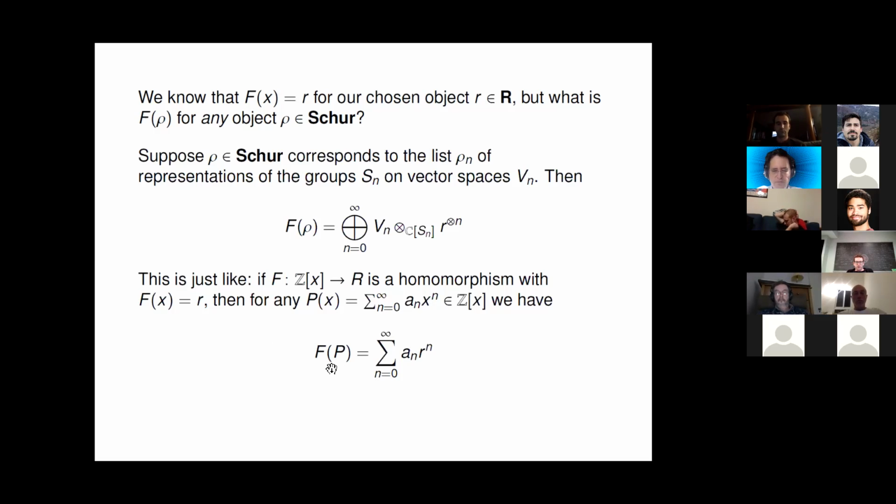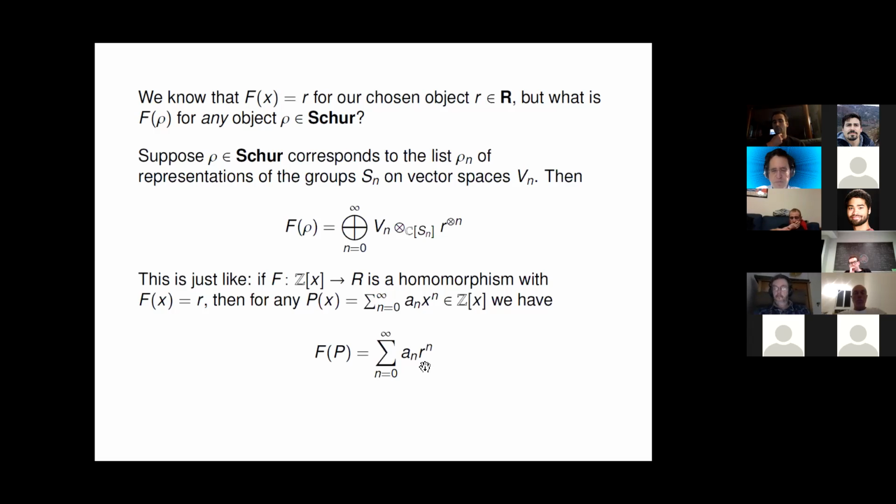So this is an explicit formula for the homomorphism f, and we're just copying it over at a higher level, so to speak, to get this formula for the functor f. These coefficients were integers, and now they are vector spaces on which the group acts.